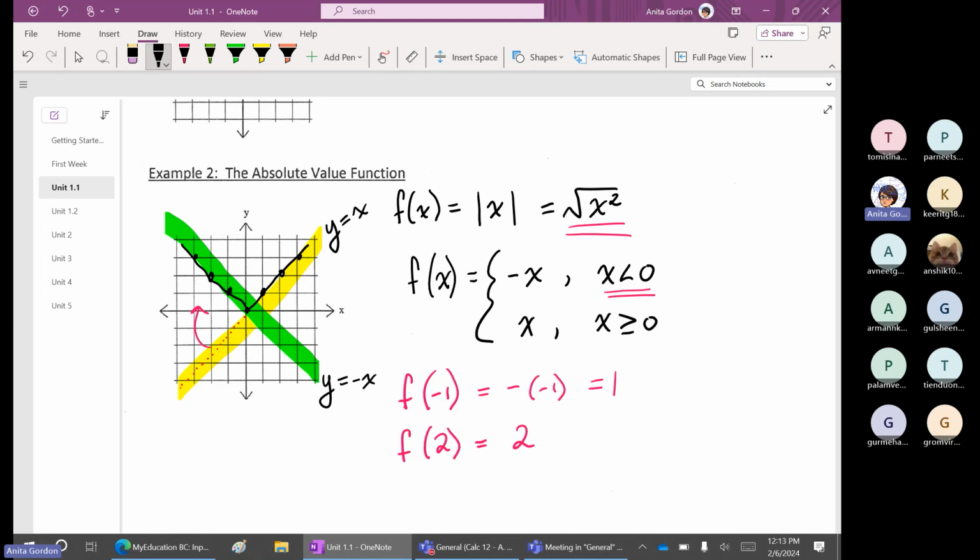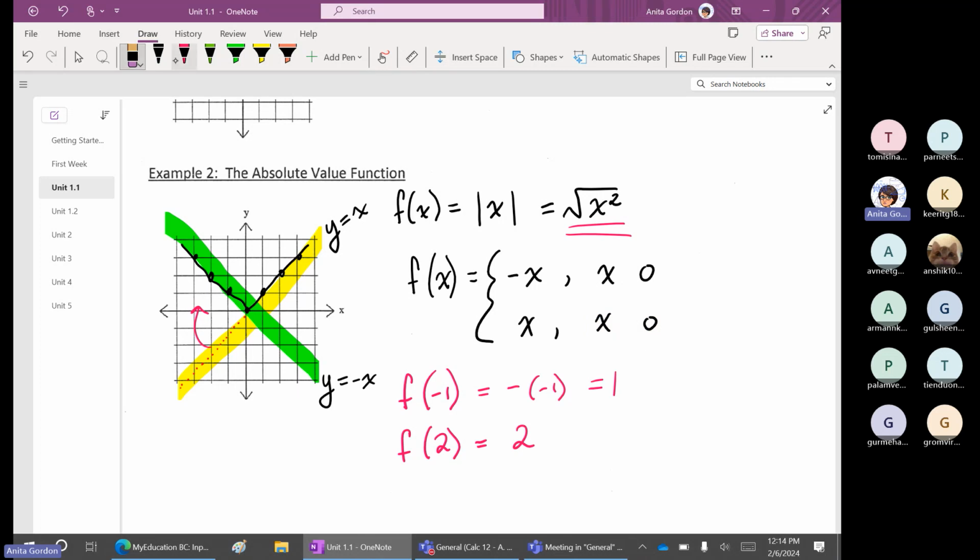And here you will notice where my restrictions lie. I said that while x is negative, I'm not including 0. And while x is positive, I am including 0. 0 is a defined value. 0, 0 is a point on the graph. It is also okay to write it this way.